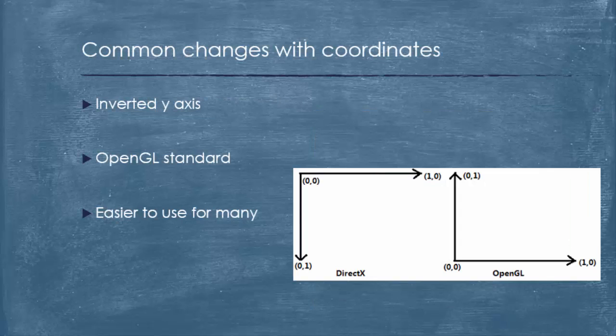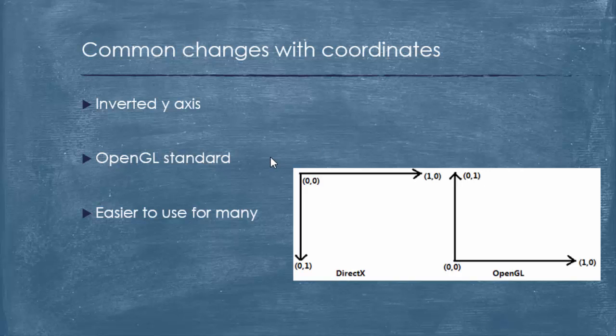Many people make changes with coordinate systems within DirectX, mainly because compared to OpenGL, which starts in the bottom left, it can be slightly tedious to convert between the two of them if you keep the standard coordinate system. Therefore, many people invert the y-axis, so it goes from normal DirectX to an OpenGL type graph or coordinate system.